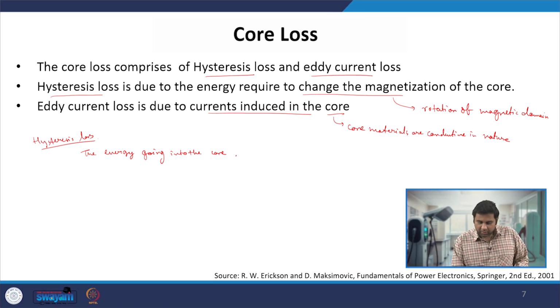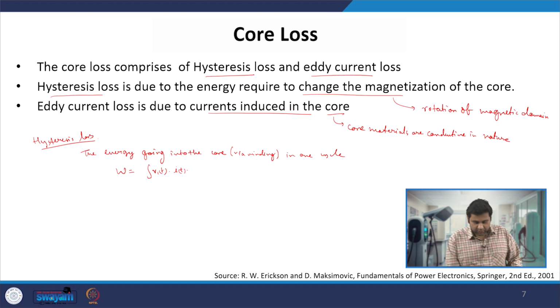The energy goes into the core via the winding, and in one cycle we define this to be W. Let us say we have applied the voltage V1, there will be current going through the winding, and that will be integrated over the time in one cycle. That could be one periodic cycle we can take, and this V1 excitation voltage could be any arbitrary voltage.